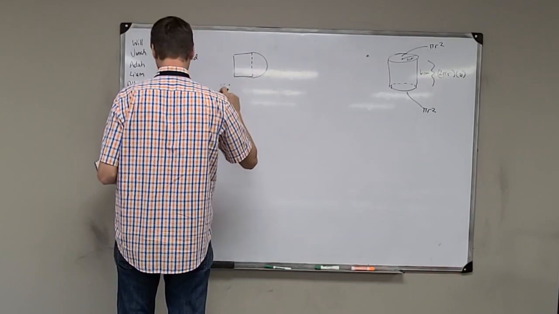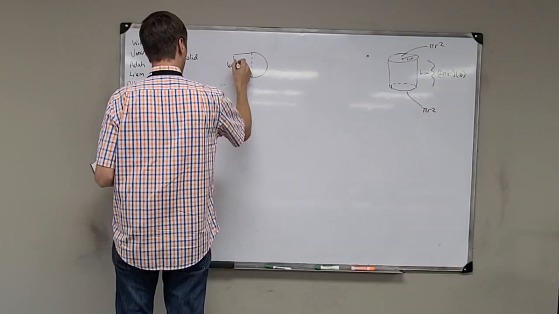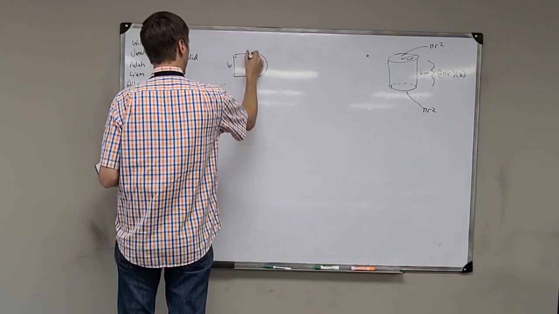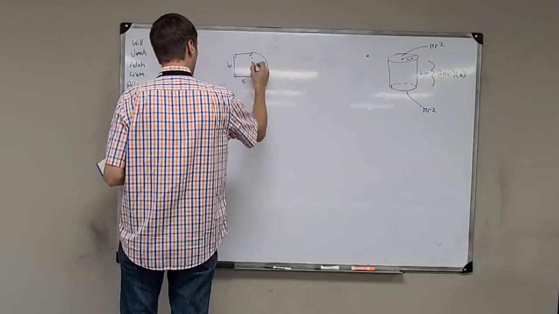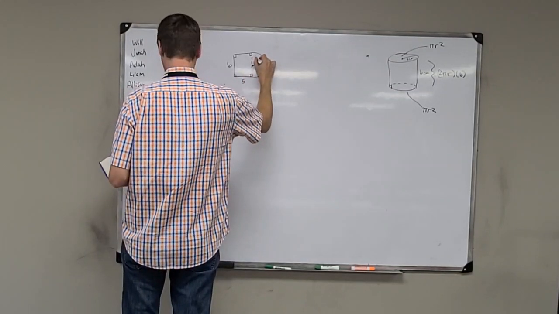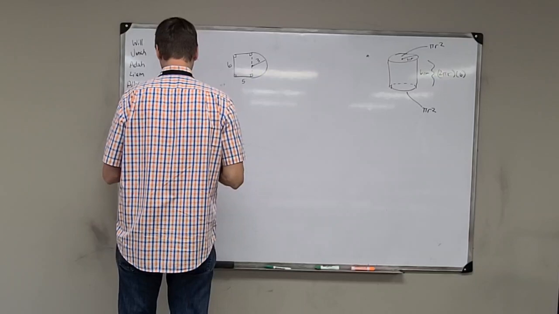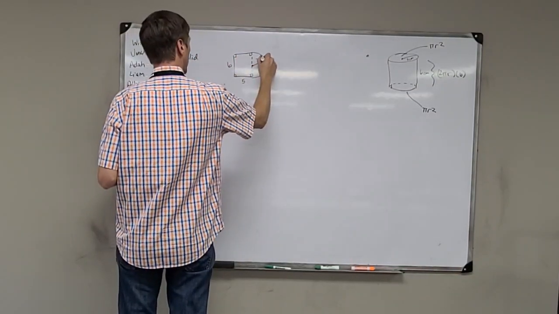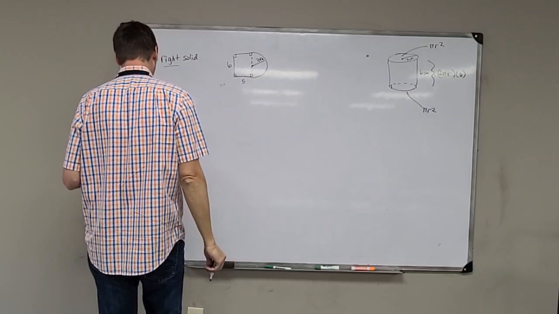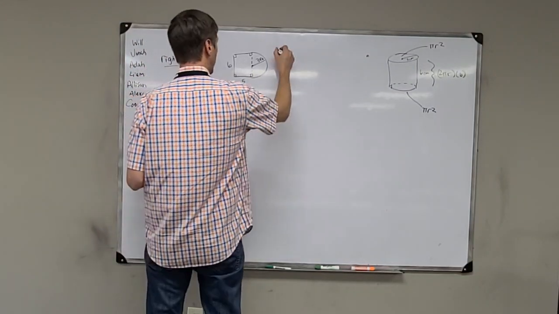So this is what my top and bottom looks like. This is 6. They tell us that these are all right angles, so we're dealing with a rectangle here. This is 6, this is 5, and they tell us that this is 3. Dimensions are in feet. Everything's in feet, and they tell us that it's a right solid that is 10 feet high.